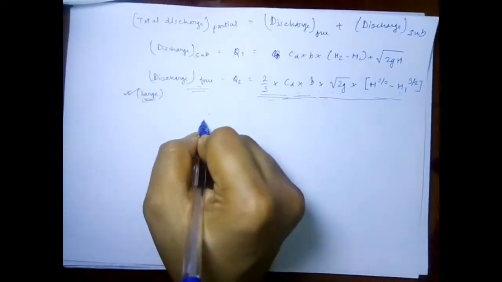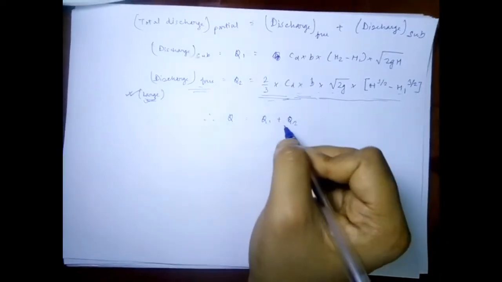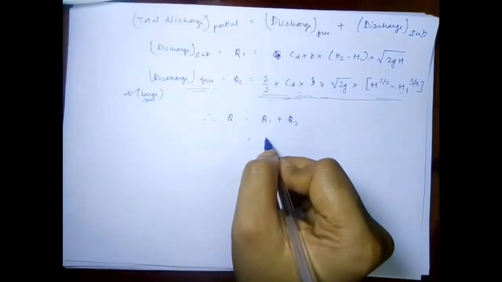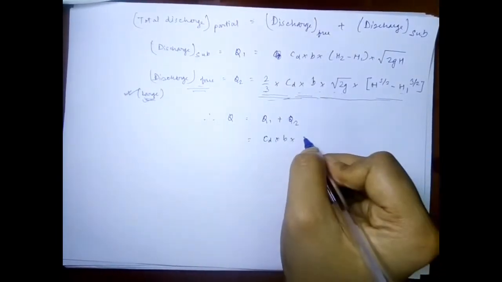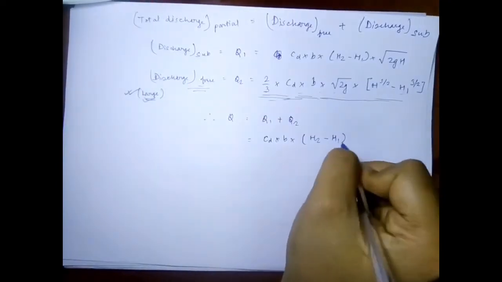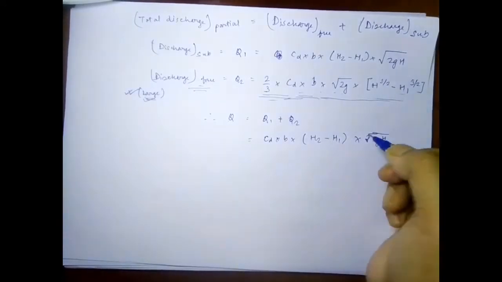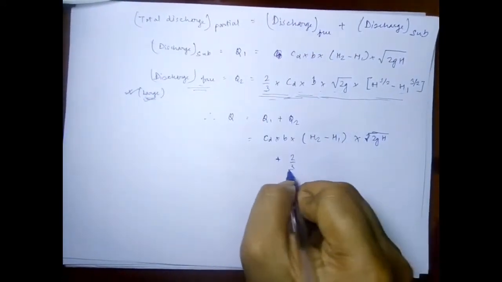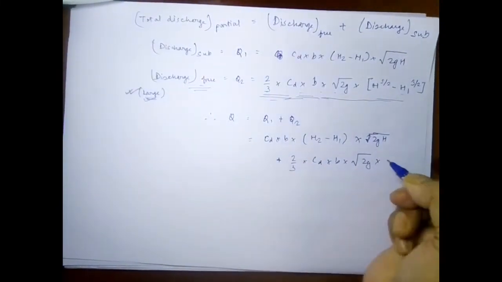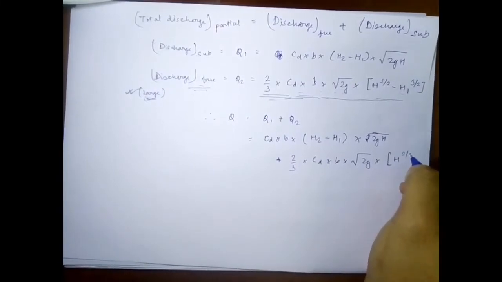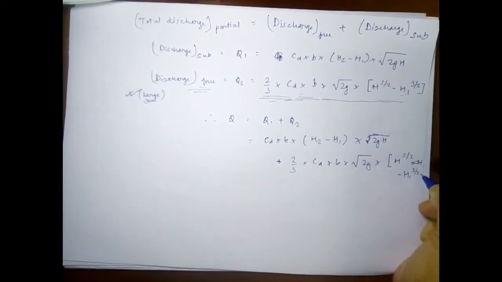So therefore the total discharge Q will be equal to Q1 plus Q2, and that is equal to CD times B times (H2 minus H1) times root 2GH plus 2 by 3 times CD times B times root 2G times (H2 to the power 3 by 2 minus H1 to the power 3 by 2).